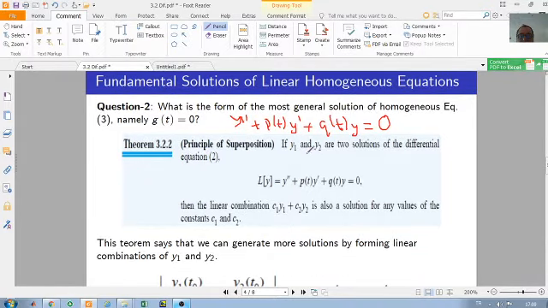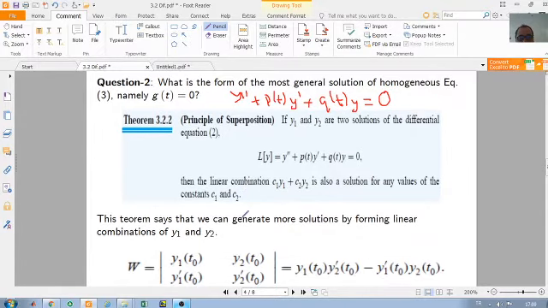If we have 2 solutions of this differential equation, then the linear combination of these solutions, namely c1 times y1 plus c2 times y2, is also a solution for any values of the constants c1 and c2.